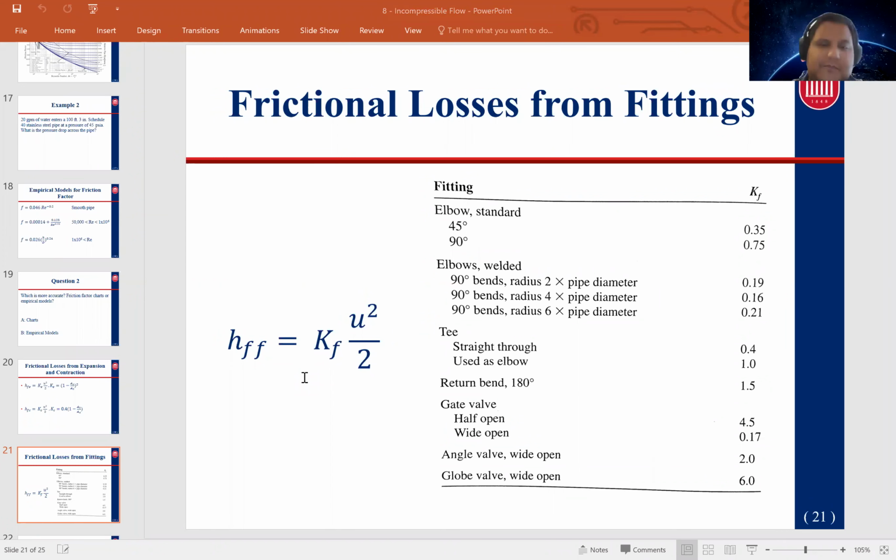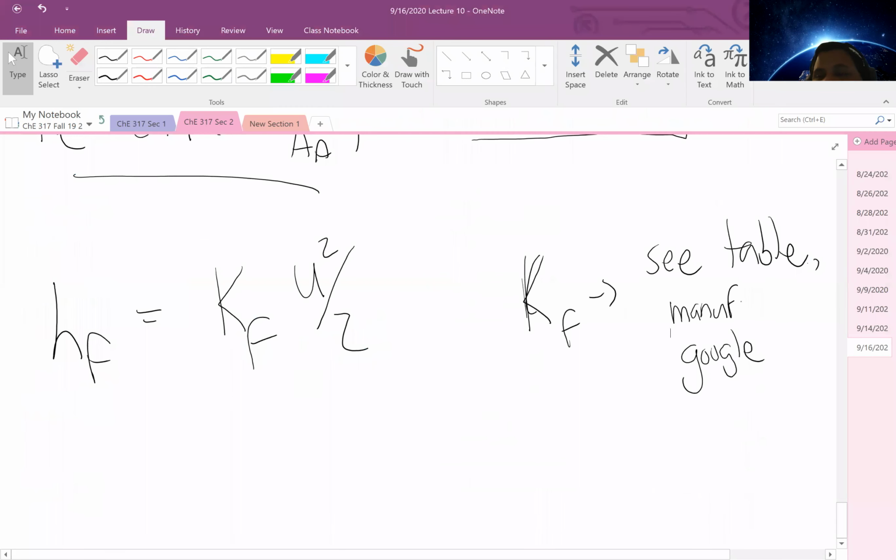And so, with that in mind, for KF, see table or Google. I should say table or manufacturer. You're on the PowerPoint. Thank you. Or Google.